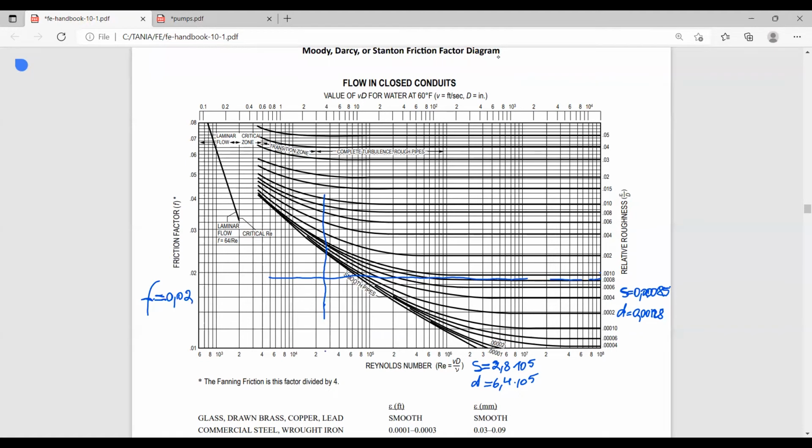Now, for discharge, we have 6.4 times 10 to the 5, which gets me here. This is 6, this is 7, this is 8. So 6.4 is somewhere in between these two lines, a little bit less than a half. Just do this line like that. And then the relative roughness is 0.00128.